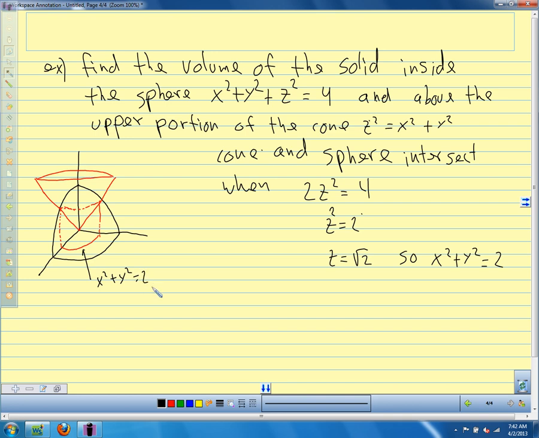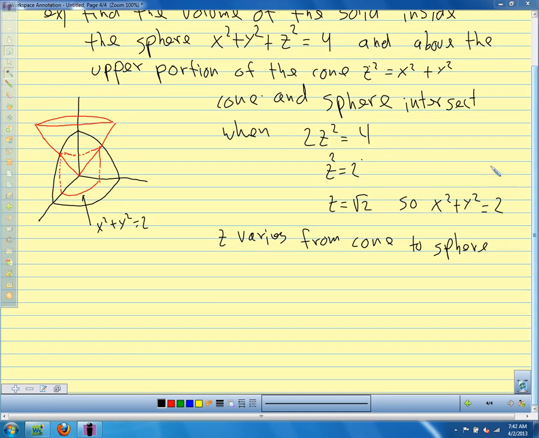Now we have everything we need to set up our integral. z is going to vary from the cone to the sphere.